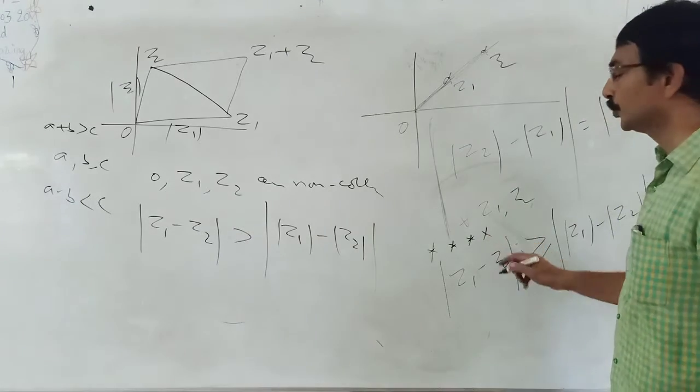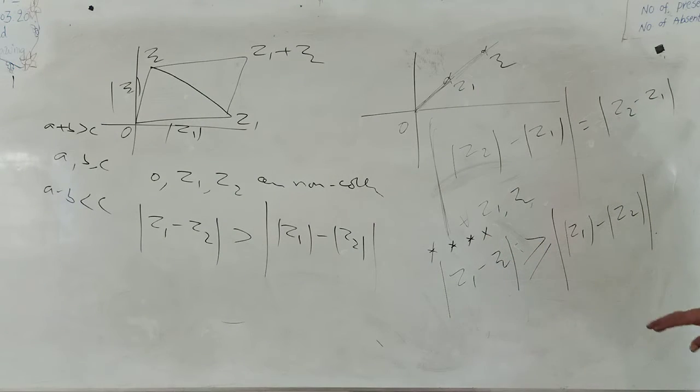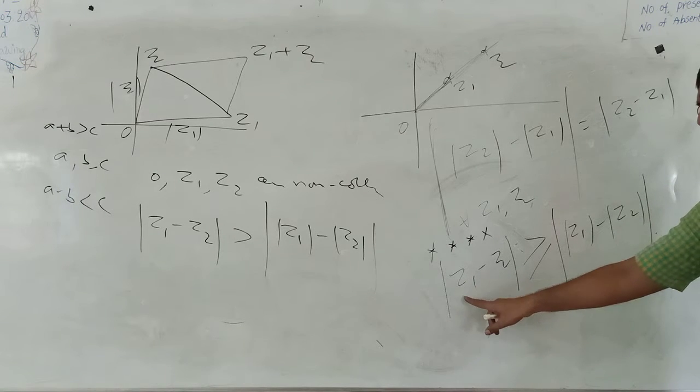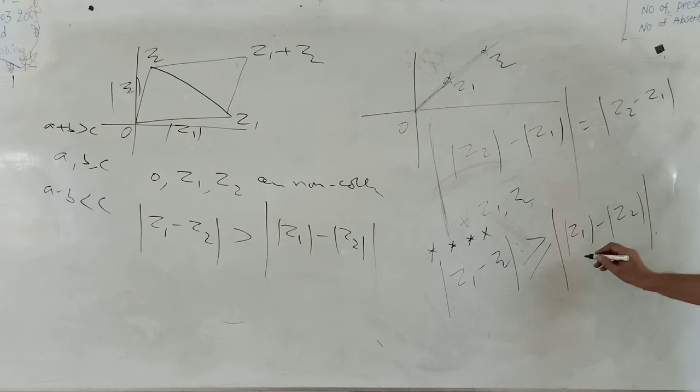There are also two problems based on this one. One: mod Z1, mod Z2 values are given, find the minimum value of modulus of Z1 minus Z2. Suppose this is 7, that is 3, 7 minus 3 is 4. This is greater than or equal to 4, which means the minimum value of that one is 4.